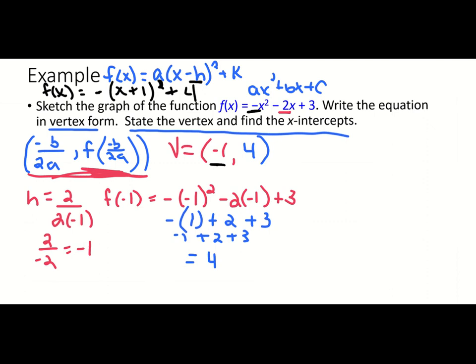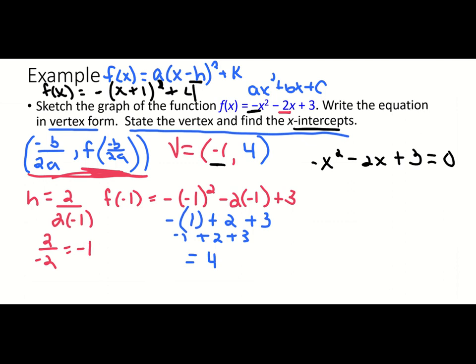And then the last thing we have to do before we sketch it is find the x-intercepts. That's really where y equals 0, where your graph crosses over the x-axis when you graph it. So to do that, we can take our negative x squared minus 2x plus 3, set it equal to 0, just like we've done in the past. Now, we are going to factor this if it's factorable, and it is.